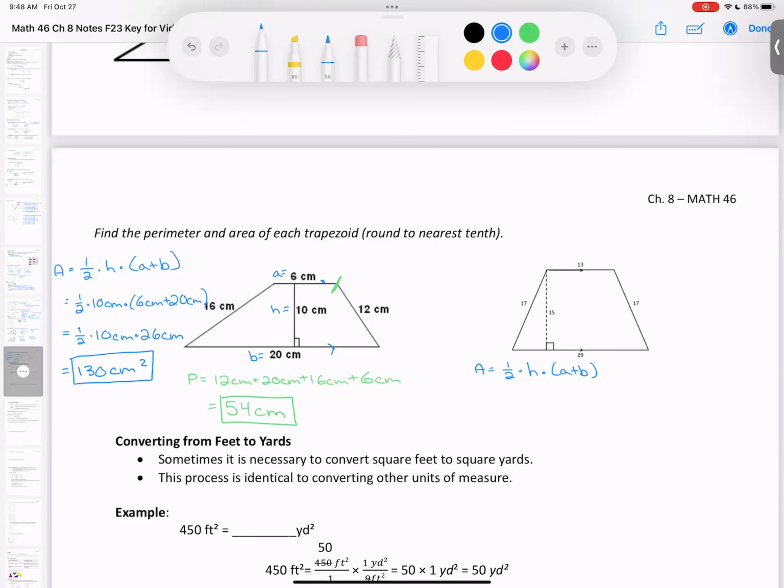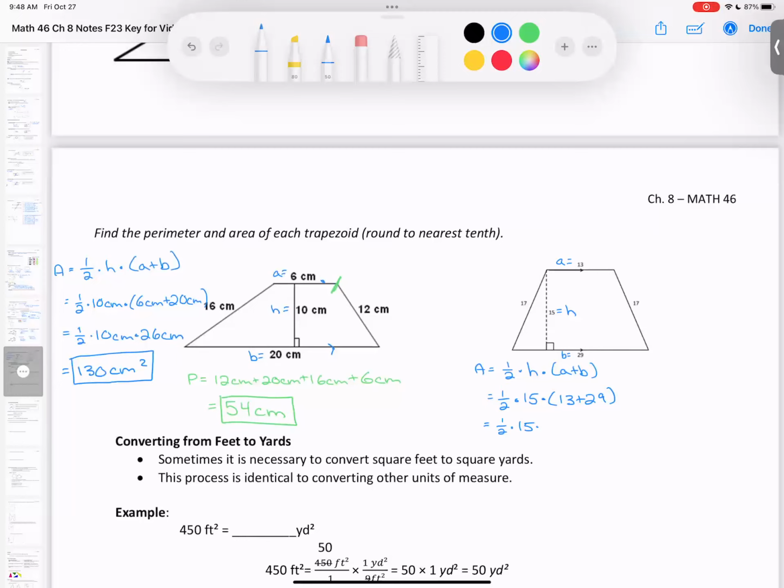Okay, and sometimes it's helpful to label our sides. Our height here is this 15. Our A and B are our parallel sides. So that's going to be this 13 and this 29 here. Okay, so we can plug in our numbers. So we've got 1/2 times 15 times 13 plus 29. We're going to start by doing that addition first.